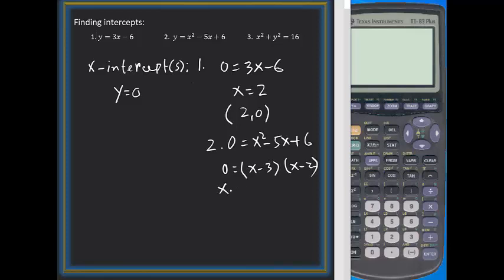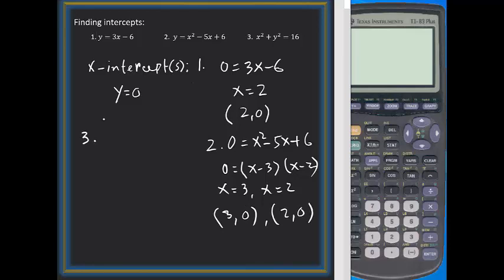Then with the zero product property, x equals 3 and x equals 2. As ordered pairs, your intercepts are (3, 0) and (2, 0). So this is the second one.